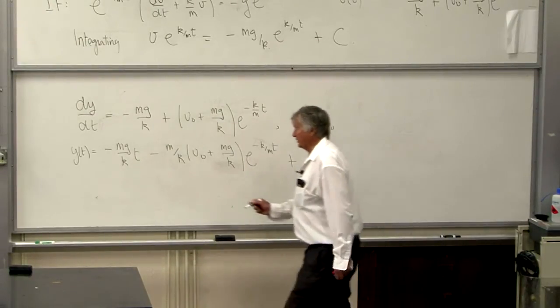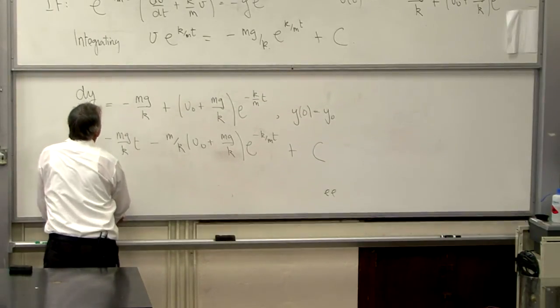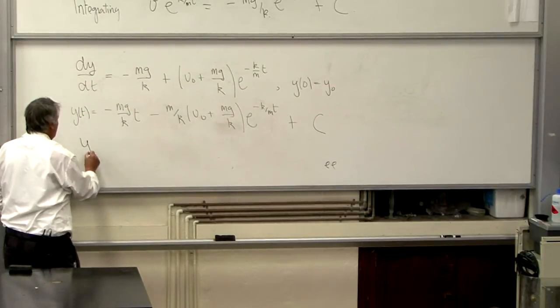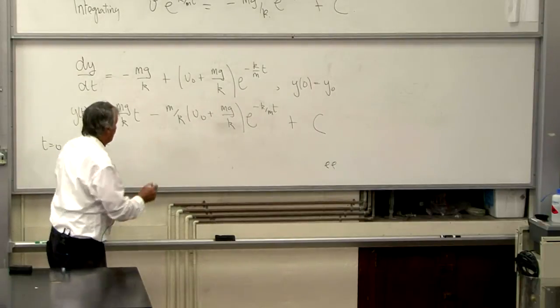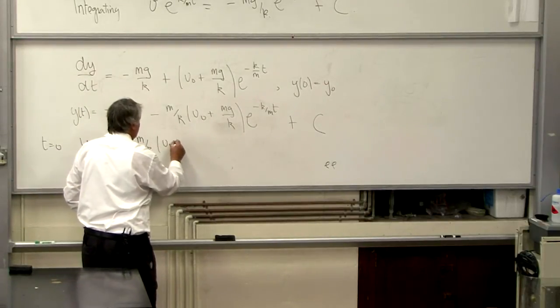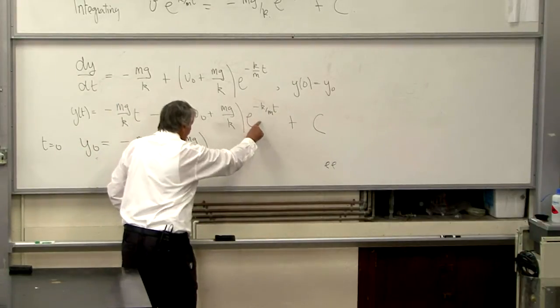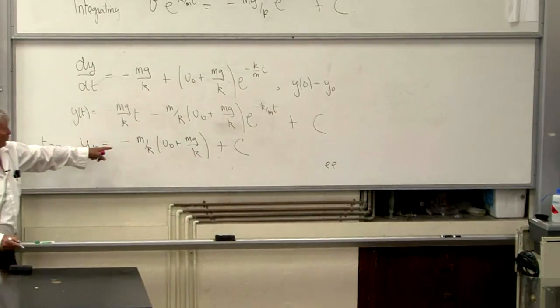At t equals 0, y is y0, this is 0, this is all 1, so it's minus m over k, v0 plus mg over k, times 1 plus c. So c is y0 plus this.